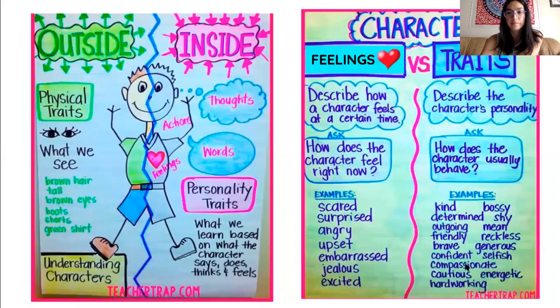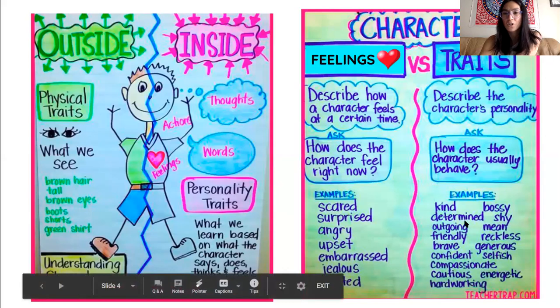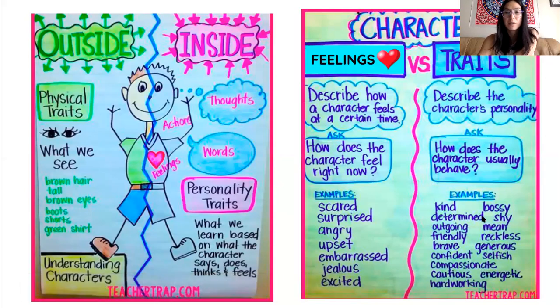A second word we could use to describe Ramon's personality is he is determined. And that's a word that actually we can see right here underneath the examples. He's determined because he doesn't give up.